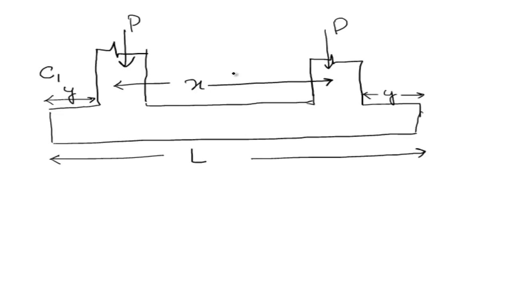Here the CG of the loads will lie exactly at the middle of the two columns, that is at a distance x by 2 from the center of column 1.